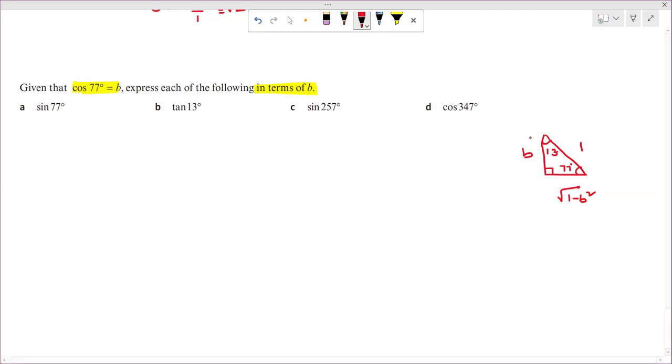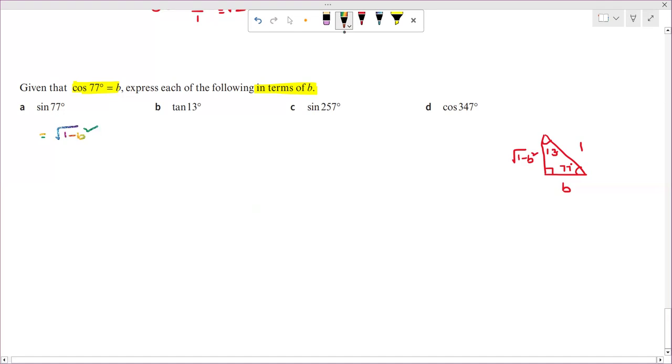Now sine 77, what is the formula? Sorry, I have written it wrong. This side is b, and this is root 1 minus b square. Sine 77 is opposite by hypotenuse, so root 1 minus b square.